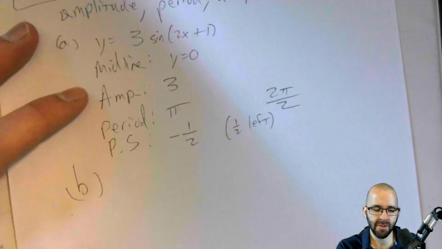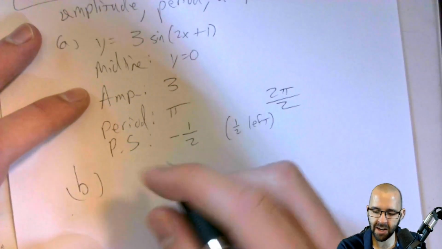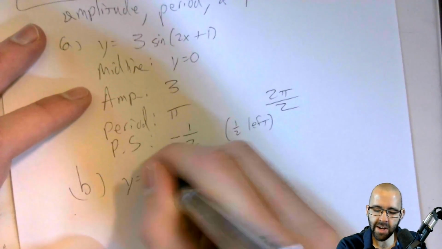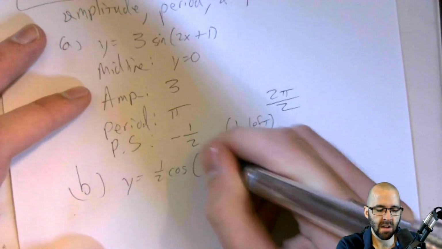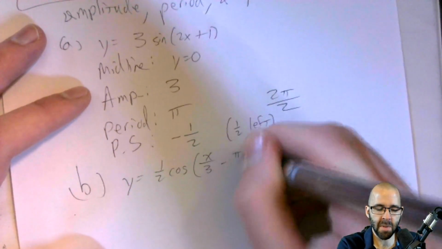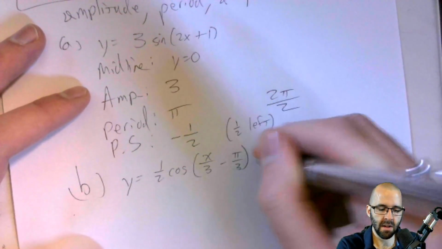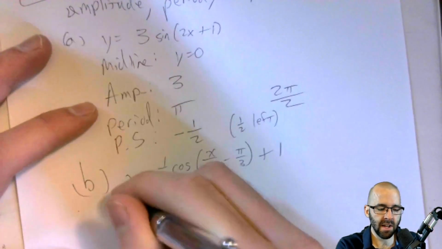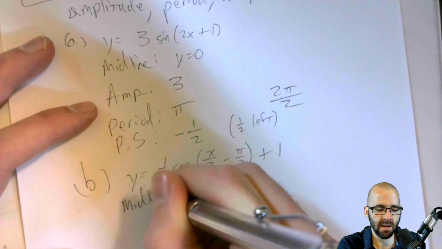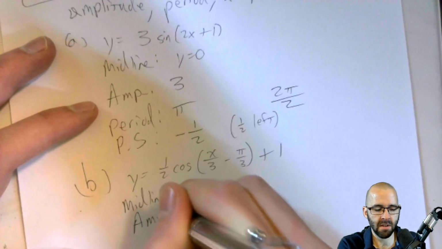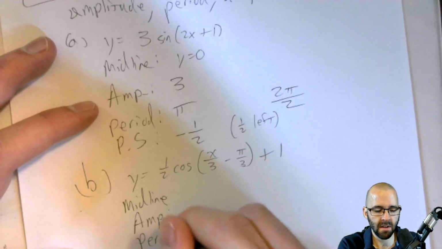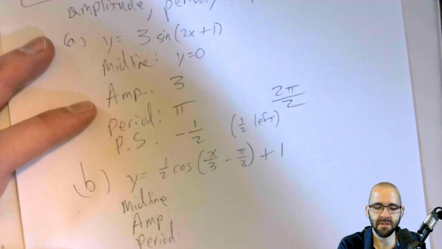See if you can figure out where we need to go before I get there. y equals 1/2 cosine of x over 3 minus pi over 3 plus 1. Again, we're going to need the midline, the amplitude, the period, and the phase shift.